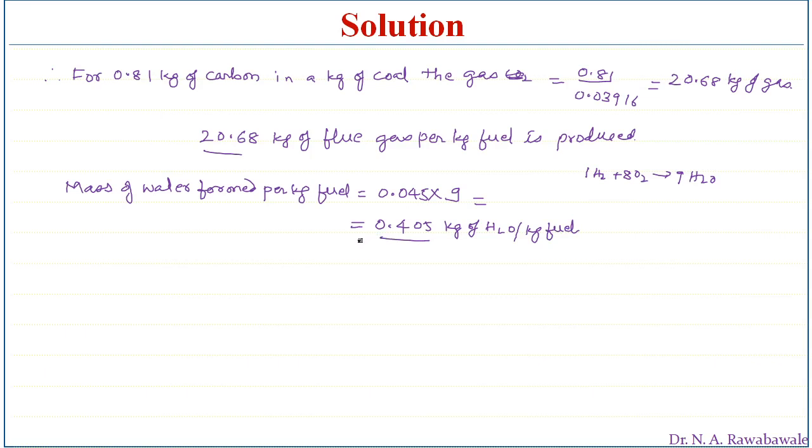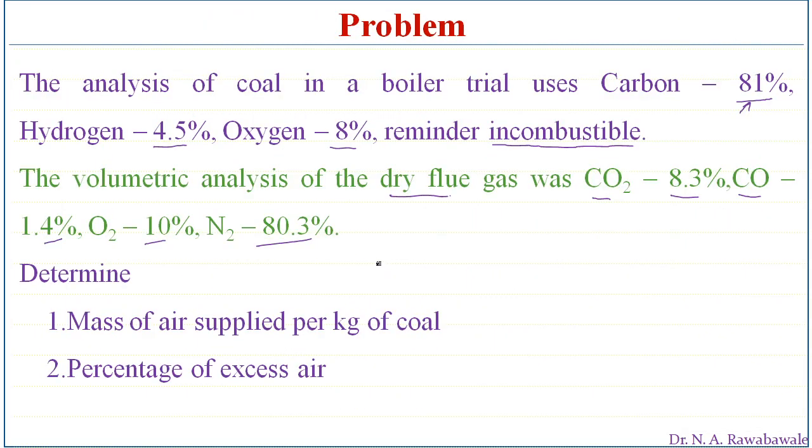Now the incombustible products: what is not going to burn in this fuel? We have 1 kg of fuel. Out of that, 81% is carbon that is going to burn, plus 4.5% hydrogen, 0.045 kg, and plus oxygen, 8%, which is 0.08.